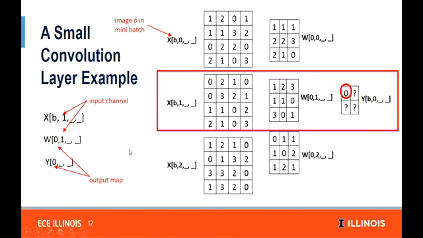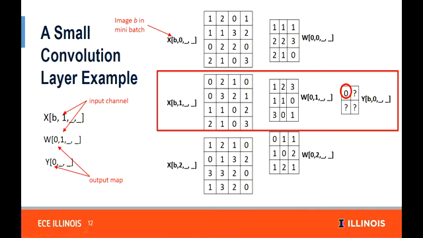Basically, we also have the concept of batching. This is important because there's a mini batch, so we're going to have a whole collection of input images, right? And these input images are given to you as a single batch. So the B index selects one of the inputs in the batch.